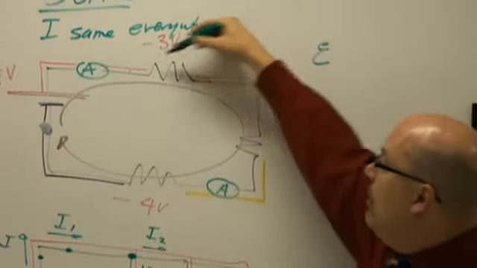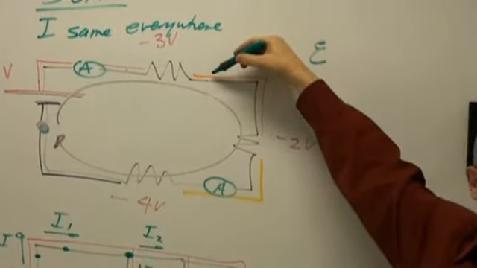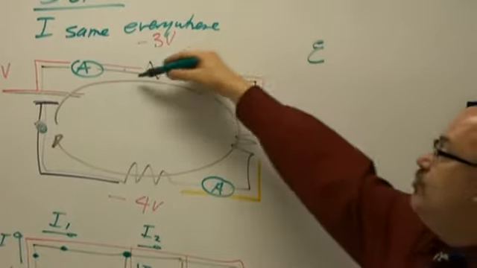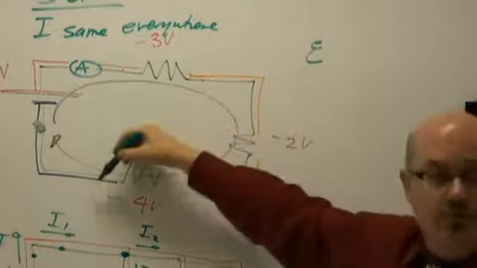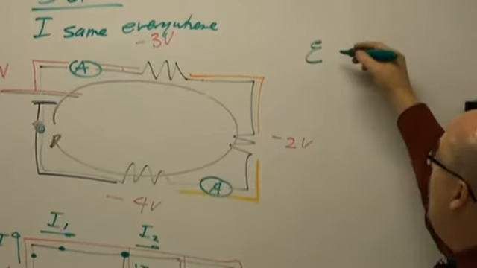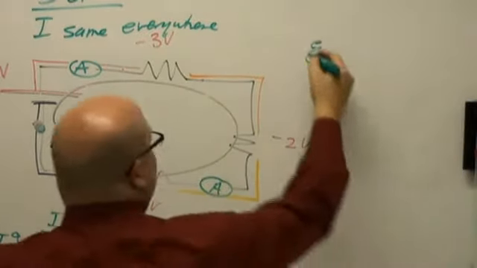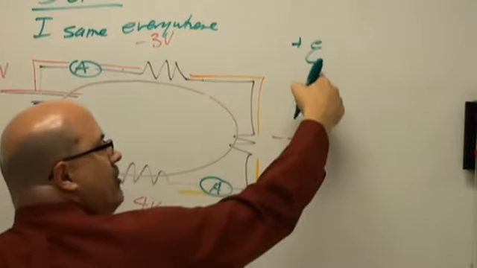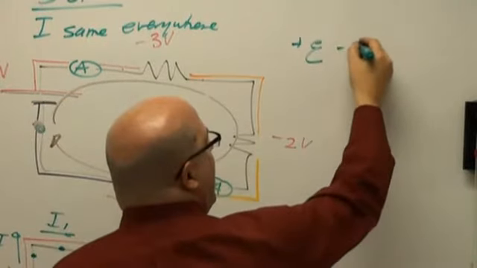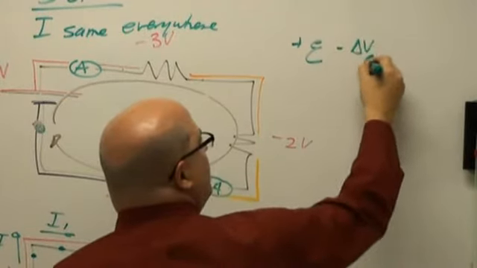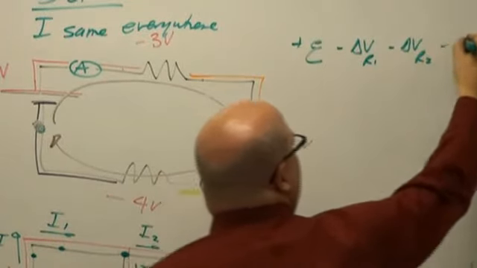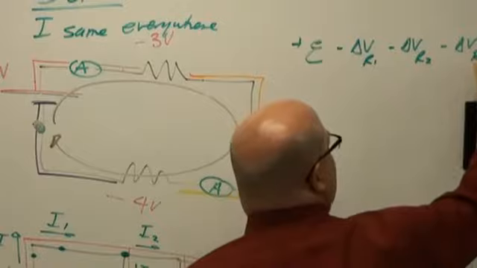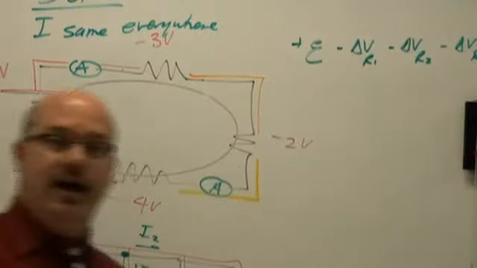That must equal the voltage drop I have here, and the voltage consumed here, and the voltage consumed here, right? So technically the way you write this is I have positive voltage put in, and then I have delta voltage for resistor 1, a delta voltage for resistor 2, and a delta voltage for resistor 3, and all that adds up to 0, right?